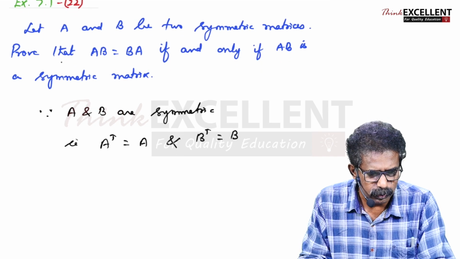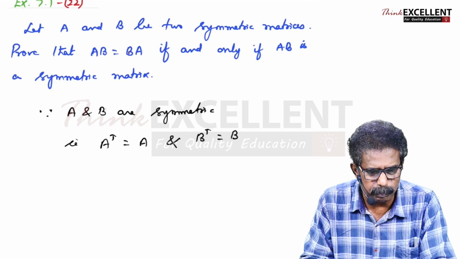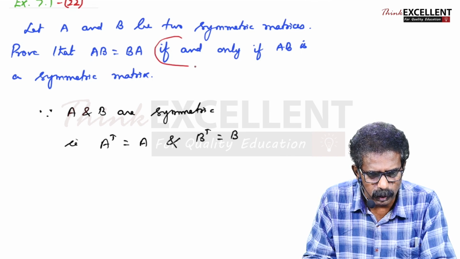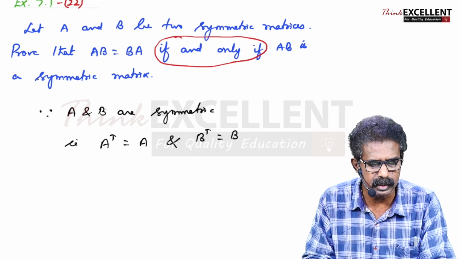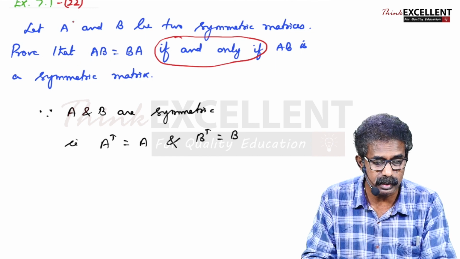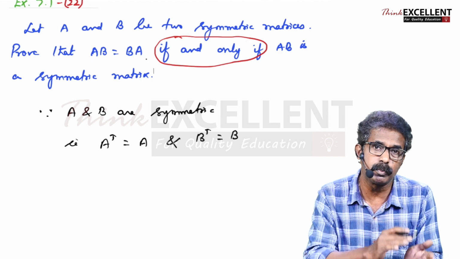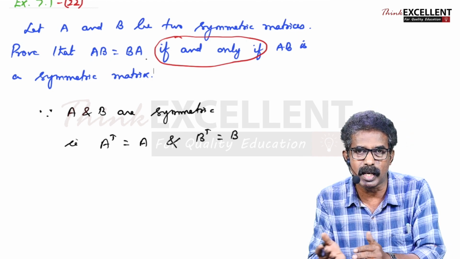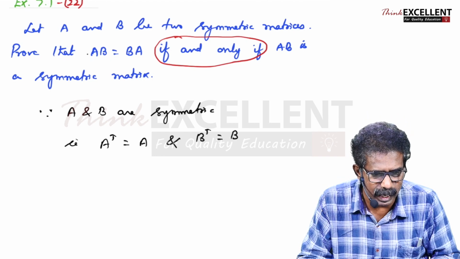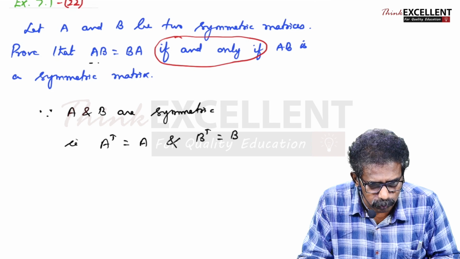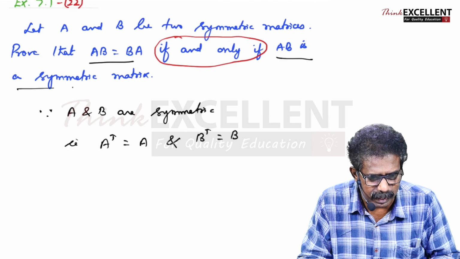Now, prove that AB equal to BA if and only if AB is a symmetric matrix. So if there is if and only if, you have to prove two parts. One part you have to prove and you prove the converse also. First, prove that AB equal to BA if AB is a symmetric matrix.